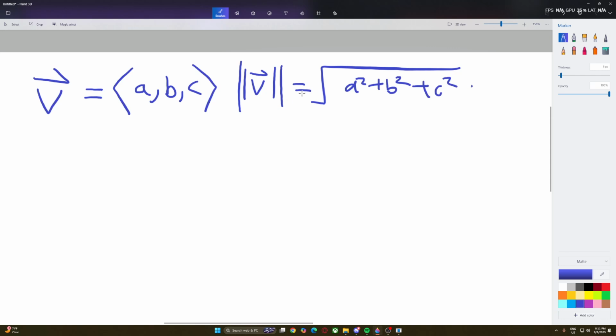There you go. Since the distance between a vector and nothing is 0, that is why a squared plus b squared plus c squared is the magnitude squared. Or this can correspond to x, y, and z.